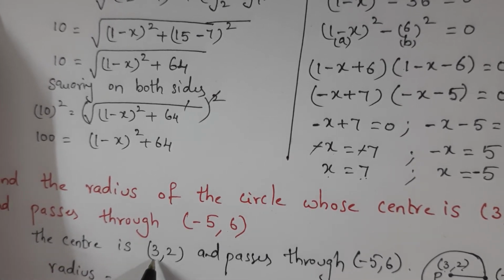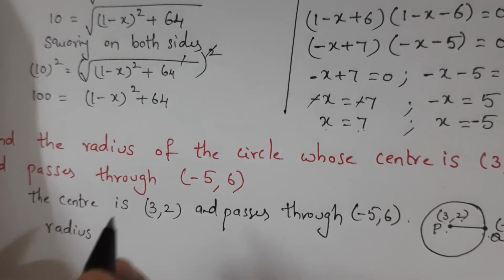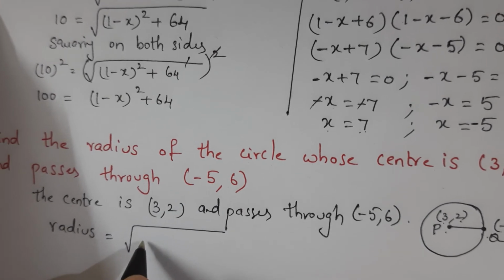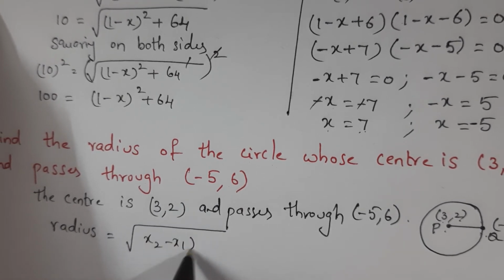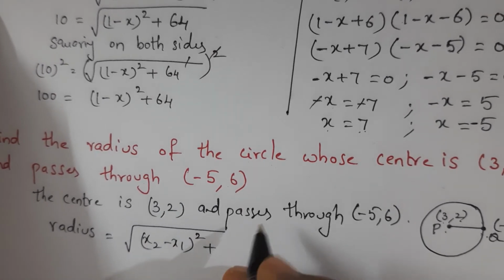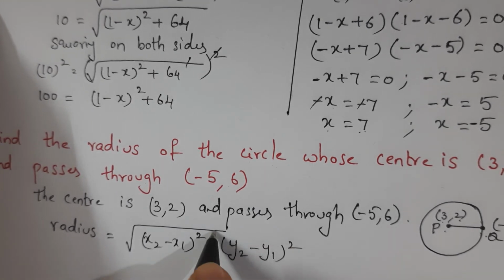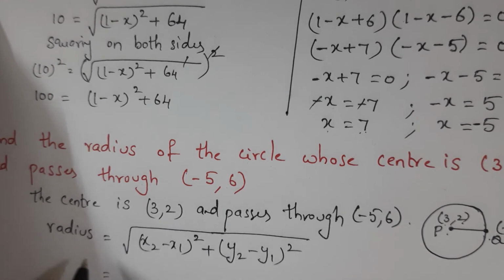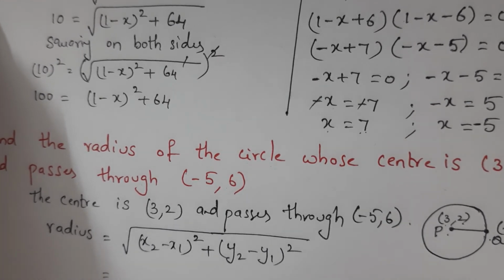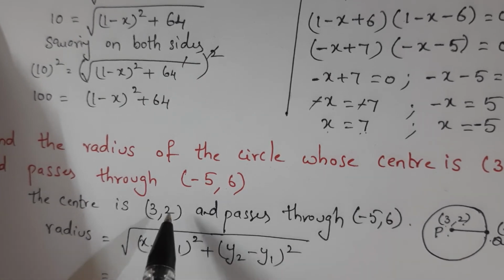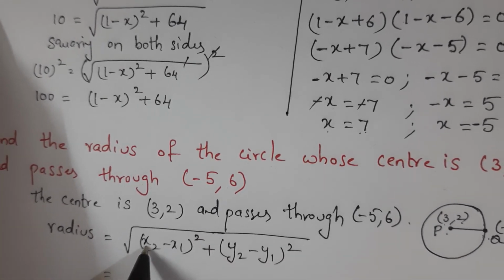so distance between these 2 points. So what is the formula for that? Square root of x2 minus x1 whole square plus y2 minus y1 whole square. So the distance, the radius is nothing but the distance between P and Q. Now among these 2 points, what is x1?